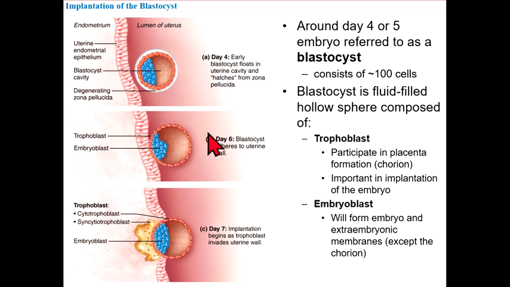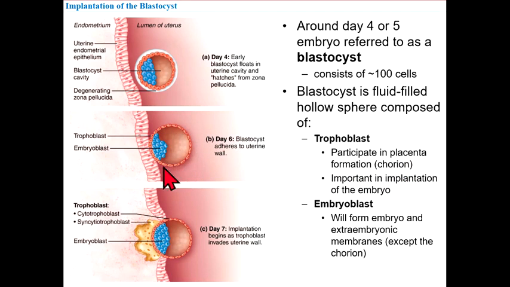The blastocyst itself consists of about 100 cells. It's a hollow sphere filled with fluid, but there are 2 types of cells at this point. We have the trophoblast cells, which make up the entire sphere, which we see in orange. They participate in placenta formation, or chorion.